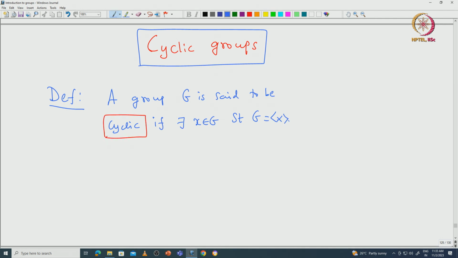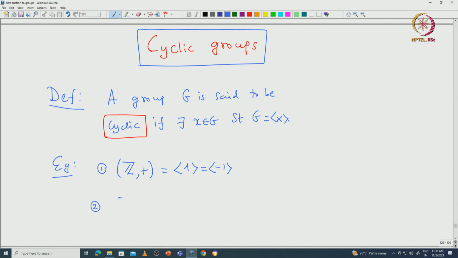Okay. So, we have seen some examples of cyclic groups. So, let's recall what are those examples. For example, if we take Z plus, it is a cyclic group and it is generated by 1 and minus 1. Okay.